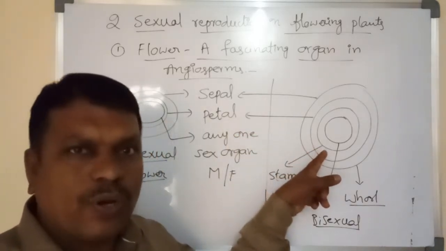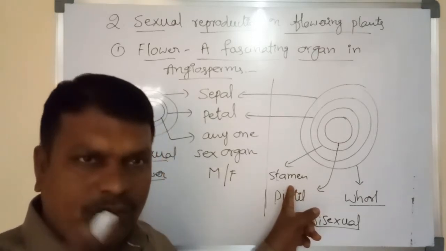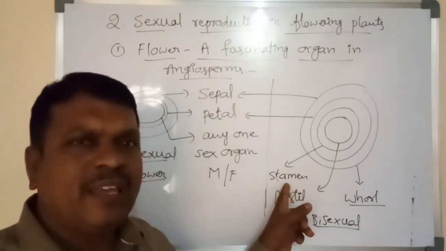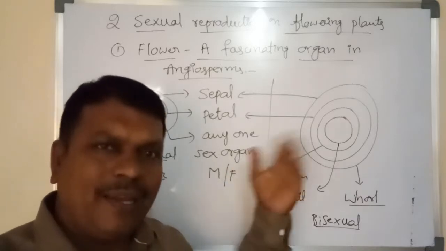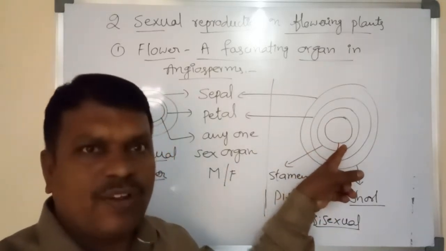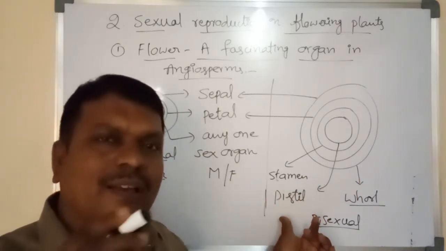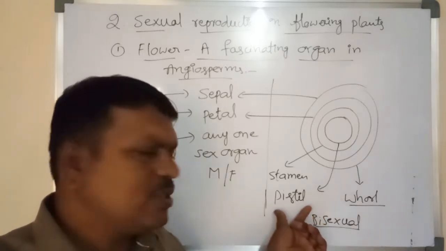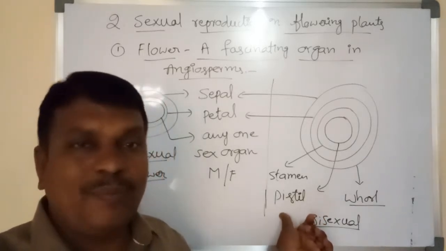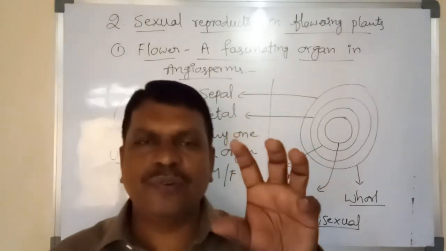The third whorl contains stamens. A group of stamens is called androecium, which is also known as the male sex organ. And the innermost whorl contains pistil. A group of pistils is called gynoecium, which is also known as the female sex organ. Understood now? It is just basic information about a flower.